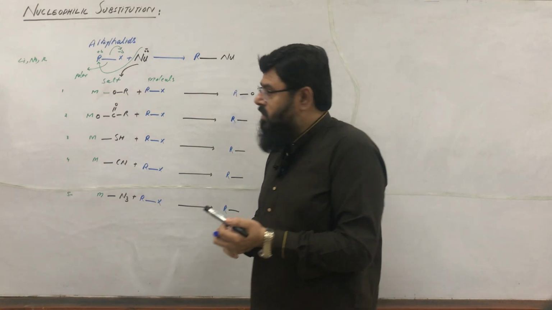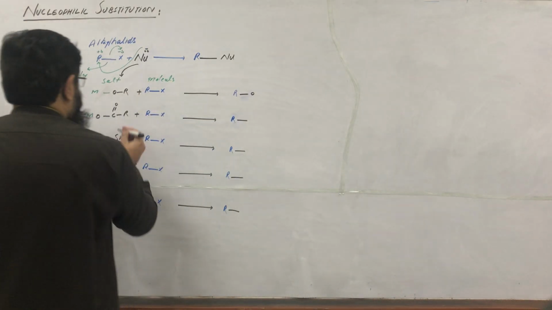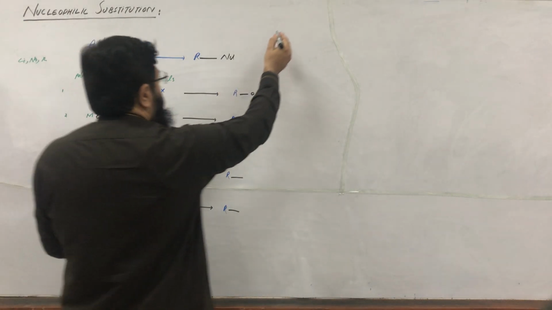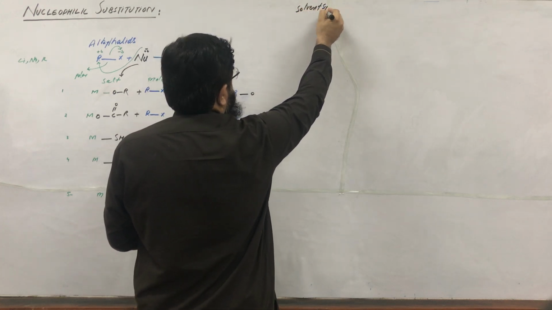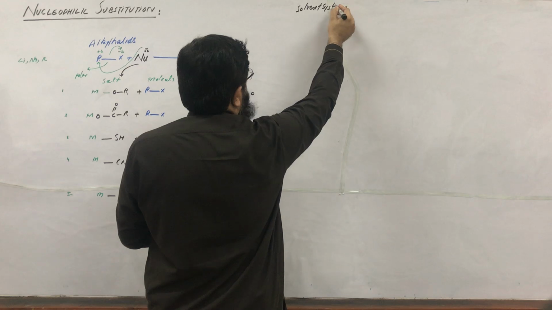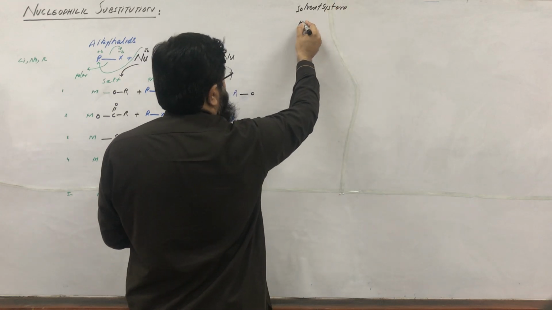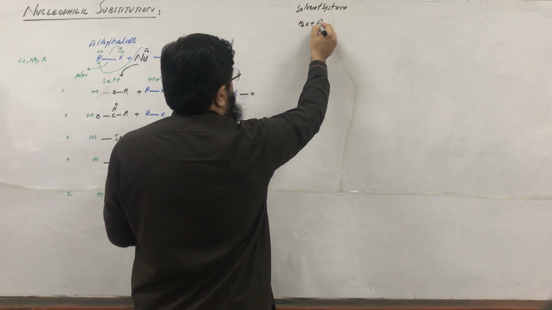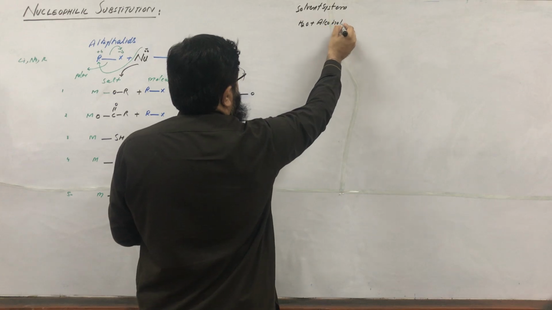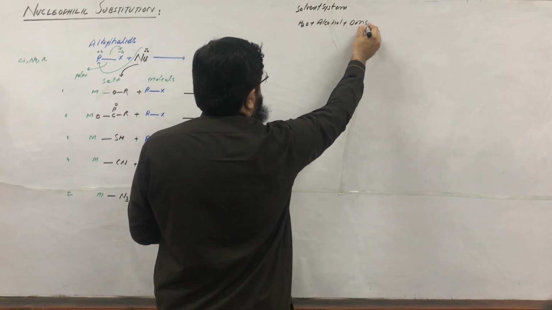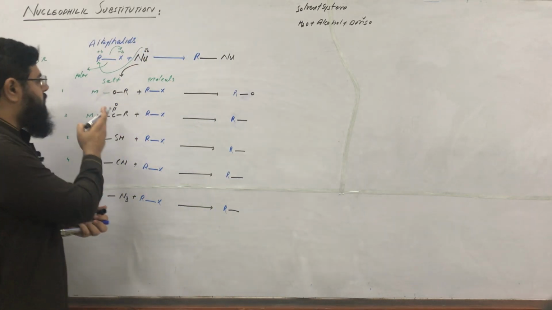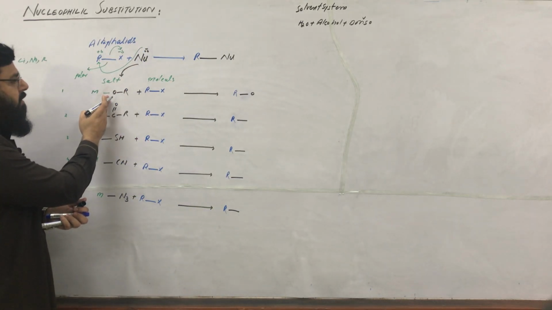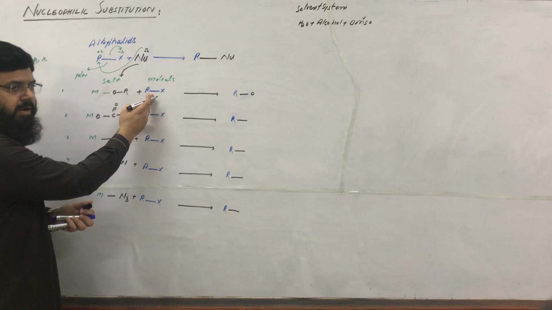I am going to write a heading here for the solvent system. The solvent system is usually a combination of water plus alcohol, or DMSO, which is a solvent that can solubilize both of these species, the salt as well as the alkyl halides.